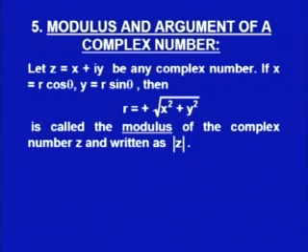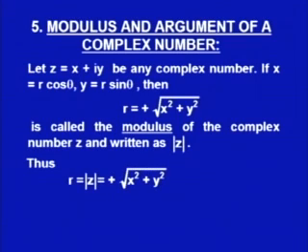Now, this r is called the modulus of the complex number z and written as modulus z, that is two vertical lines on both sides of z. So, this means r equal to modulus z equal to the positive value of under root x square plus y square.